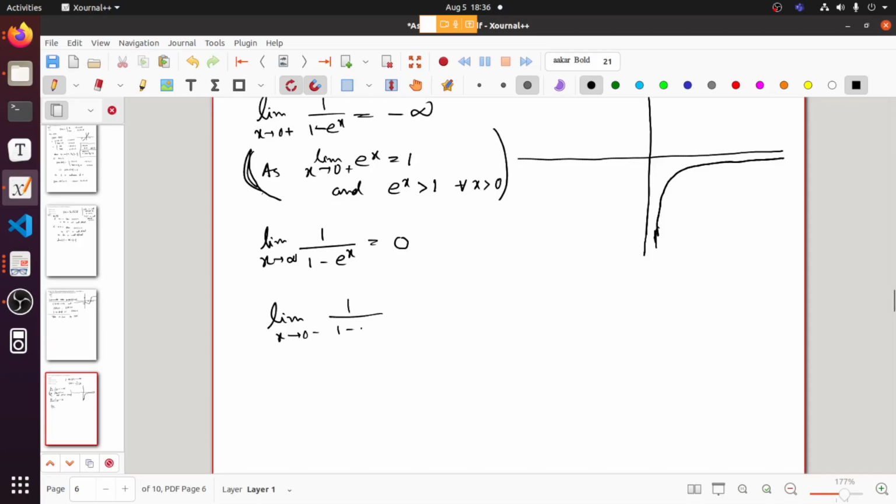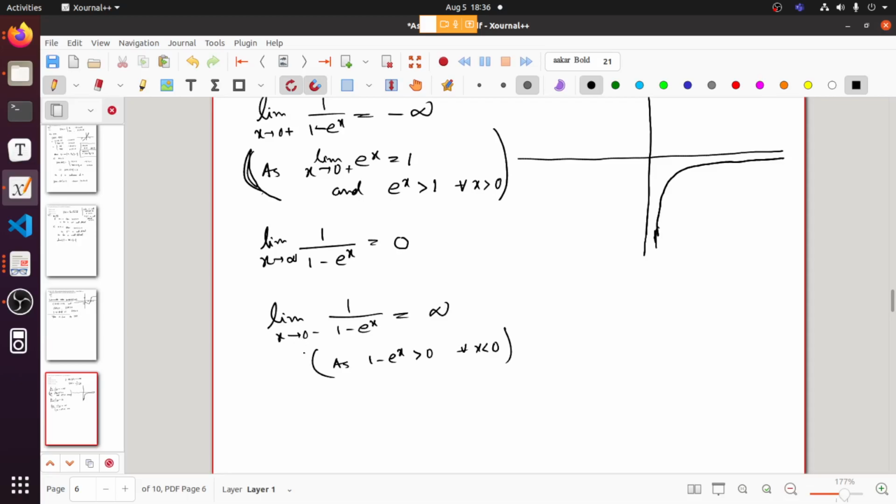When x is less than 0, e to the power x is less than 1, so 1 minus e to the power x is positive, and as x tends to 0, e to the power x goes to 1, so the denominator goes to 0, meaning it will be infinity. Here it will be positive infinity because 1 minus e to the power x is positive for all x less than 0. So that's why it goes to infinity.